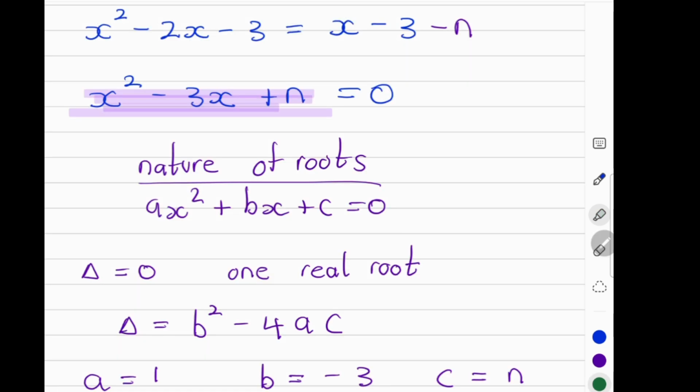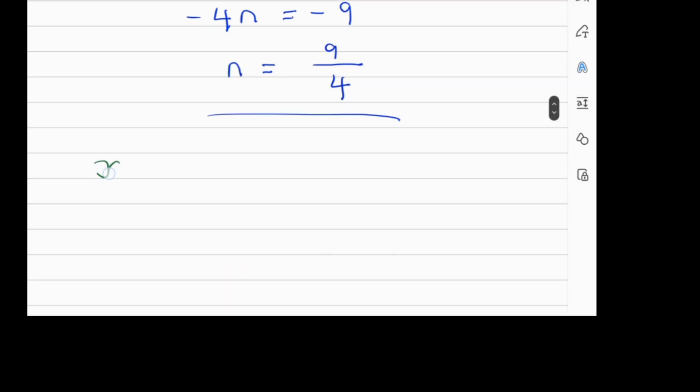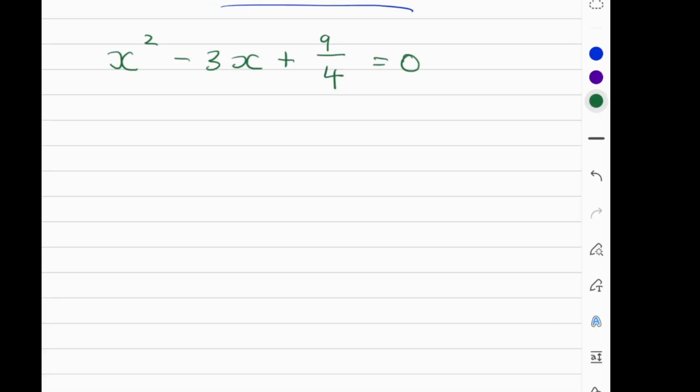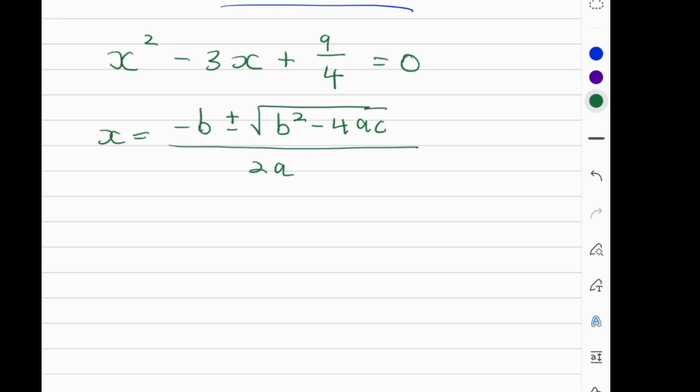Okay, for interest's sake, let us determine the coordinates of that particular tangent point. We can just go back to this point here. So we have x squared minus 3x plus 9/4 is equal to 0, and I can just solve for x here. I can use the quadratic formula, minus b plus or minus the square root of b squared minus 4ac, all over 2a.